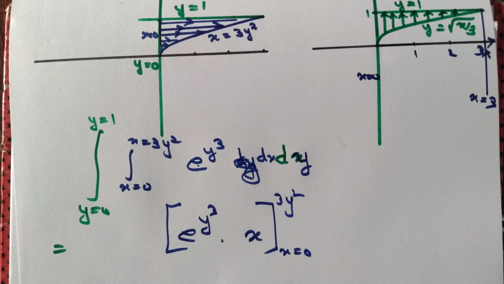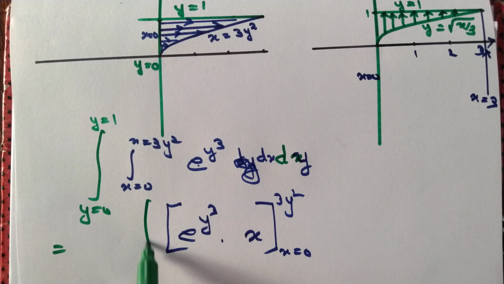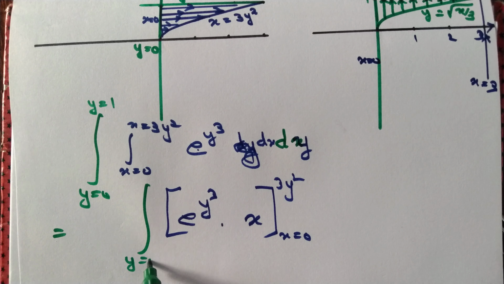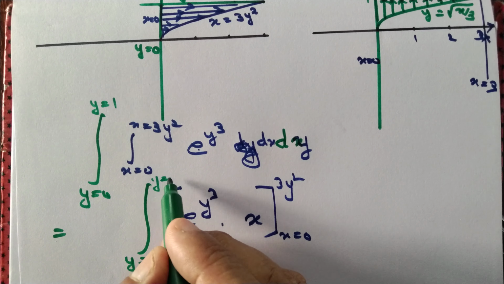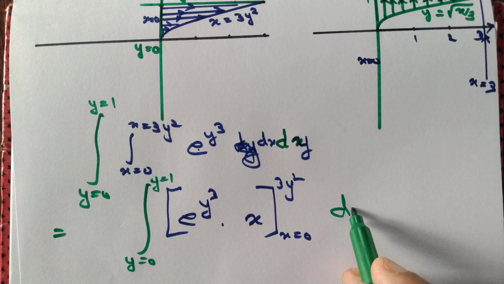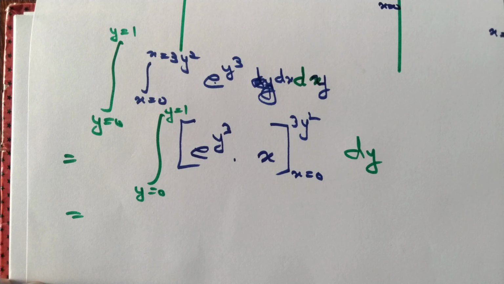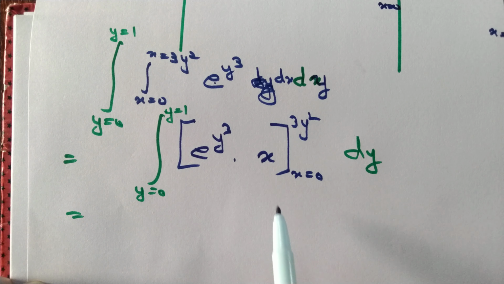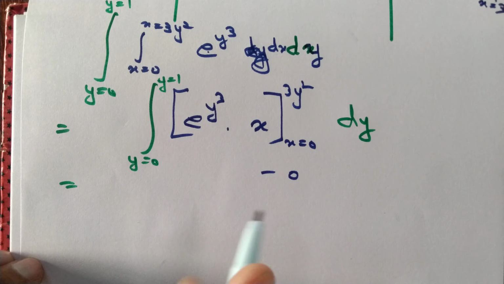That's done. An integral so simple, right? What about the outer integral? Y changing from y equal to 0 to y equal to 1. If I write x equal to 0, I get 0, so the lower limit is simply 0. What about the upper limit?